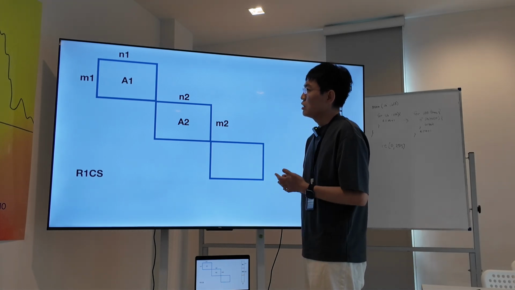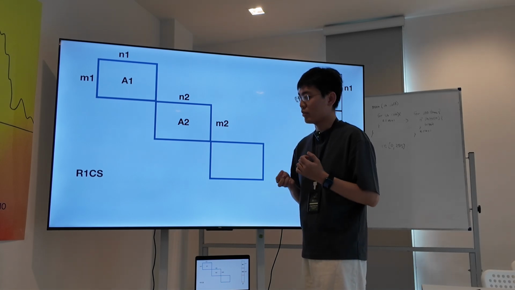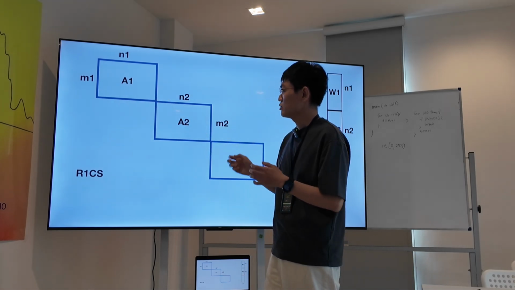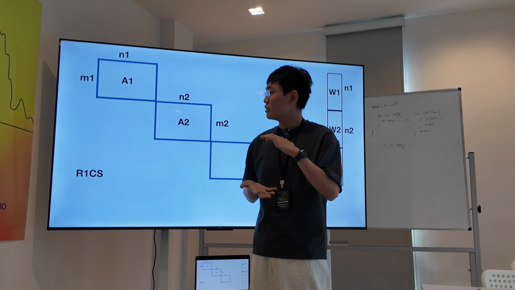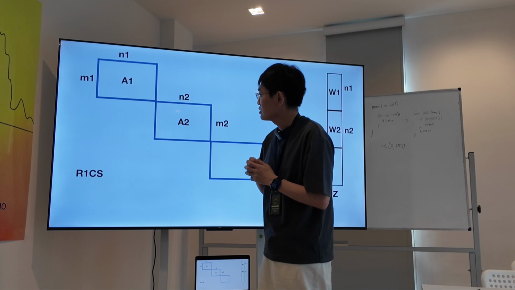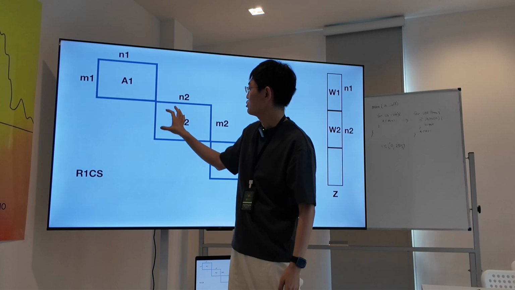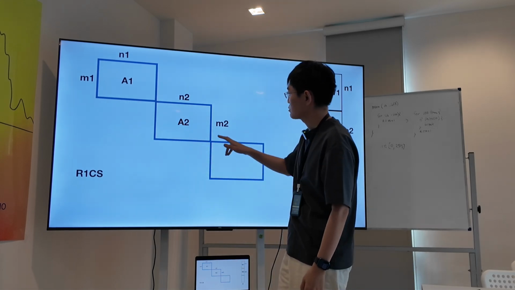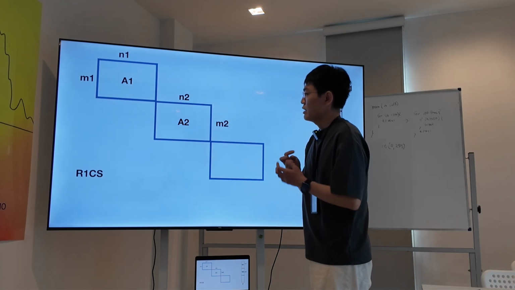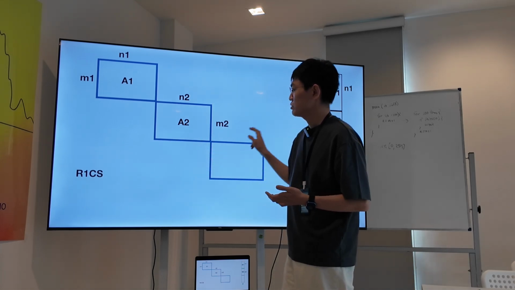So Nebula first constructs a universal circuit by putting each kind of opcode into one big matrix. So it just puts A1 here and A2 here, and each opcode in this way, and everything everywhere else is put as 0.